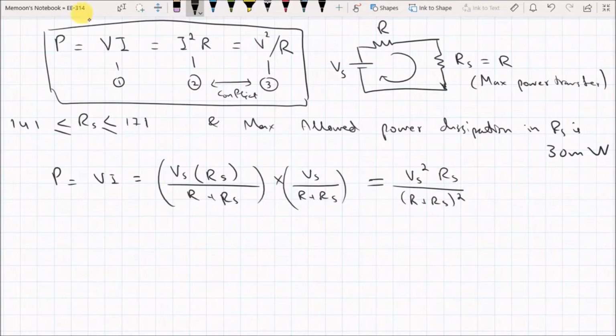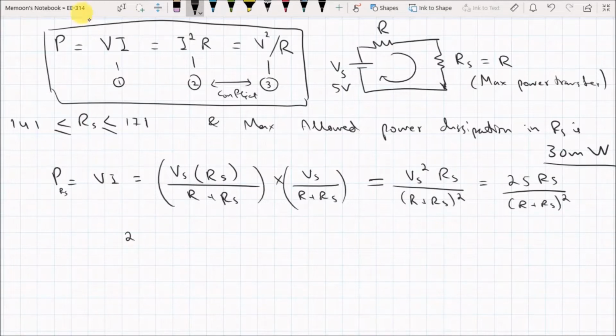Now let's further assume that our Vs was equal to 5 volts. So this can be written as 25 Rs over R plus Rs squared, and this is the power dissipation across Rs. So it should be less than what? The maximum allowed power is 30 milliwatts.